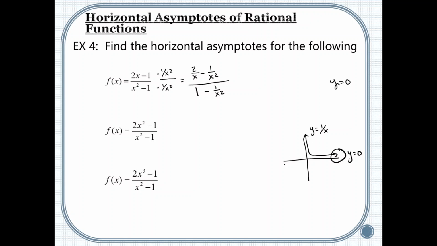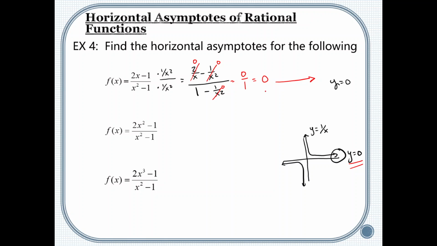This is one of our basic functions that we can do all of our transformations on and so forth. So each piece can be dealt with individually. Well, this part's going to 0 because of this graph here. That means this one's going to 0 and this one's going to 0. So my answer is 0 over 1, which is 0, hence my answer.